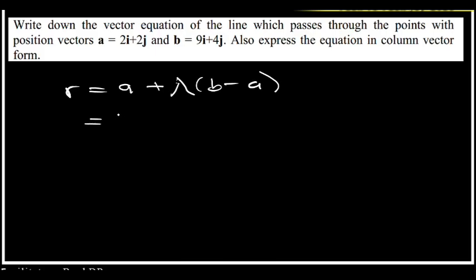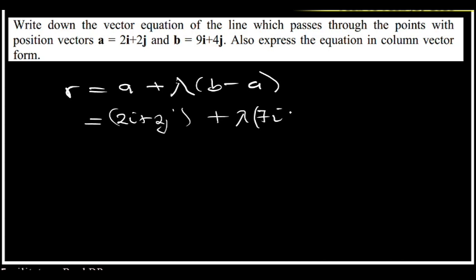So our first vector is 2i plus 2j. Then lambda multiplying b minus a. So let's subtract: 9 minus 2 will give us 7i.